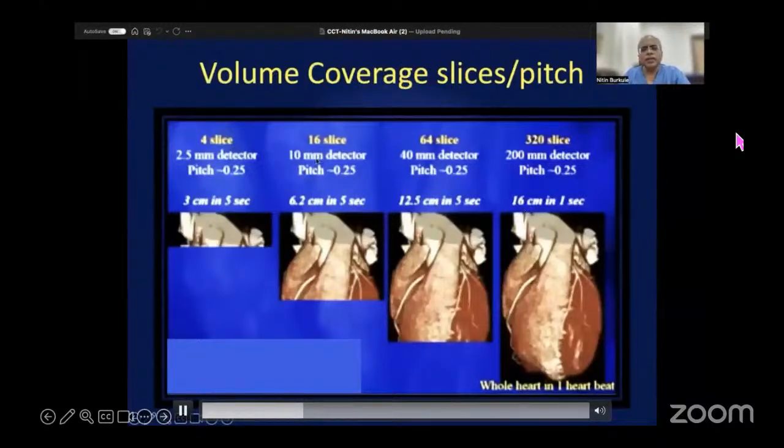The same mathematics has been shown for the 320 slice CT, where you can cover the 16 centimeters in just 1 second, because you can get the entire heart in a single heartbeat by just one gantry rotation.